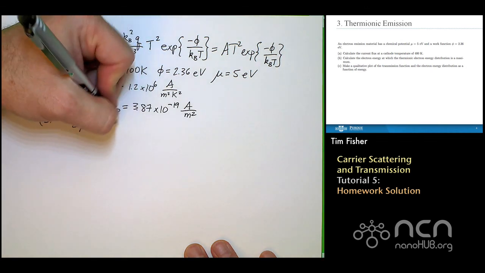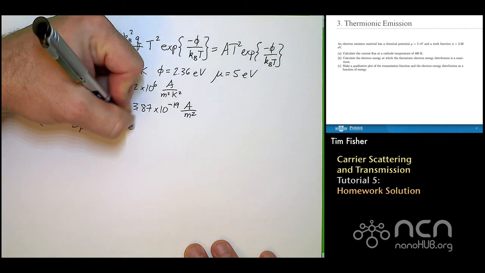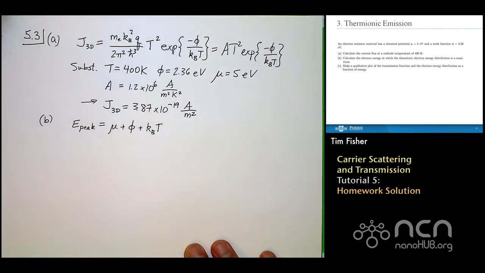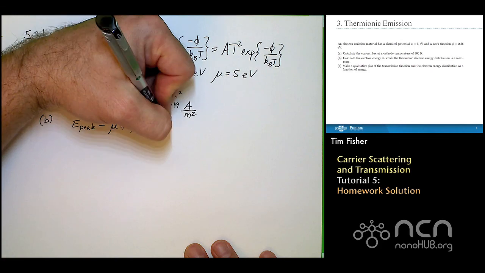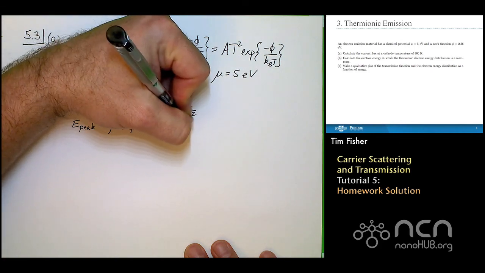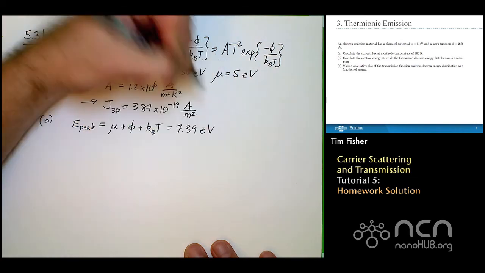That happens at kBT past the barrier height, and this barrier height I'll show in part C. That's the sum of the electrochemical potential, mu, and phi, the work function. And so we just go ahead and plug in these numbers, and this turns out to be 7.39 electron volts.